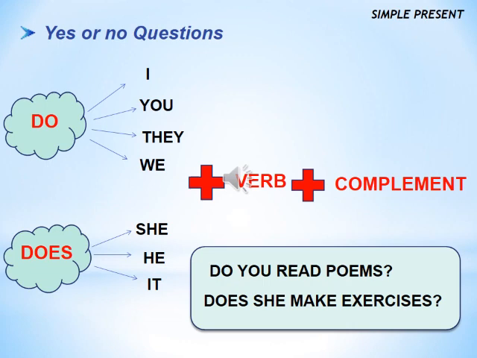But in the third person singular, you must use the auxiliary does. Then you put the verb plus the complement. You can look at two sentences to show us the form to create a yes or no question. For example, do you read poems? Second, does she do exercises?